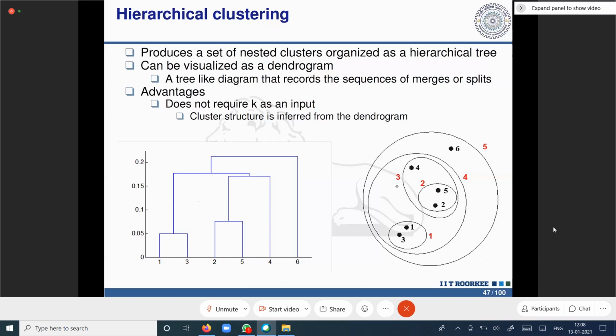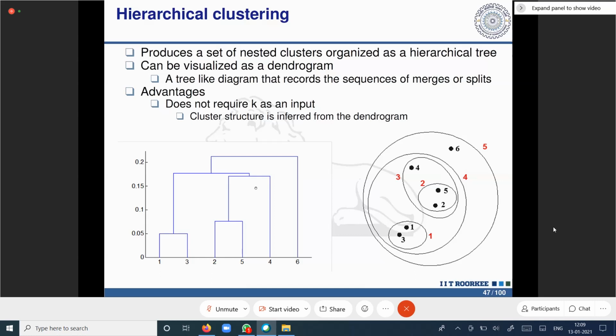After that 2 and 5 are joined and they are called, let's say, the second cluster. Now this cluster 2 and 5 is closest to point 4, so it is joined to point 4 and produces cluster 3, which is shown here as this red number. The black numbers are data point numbers and red numbers are cluster numbers.